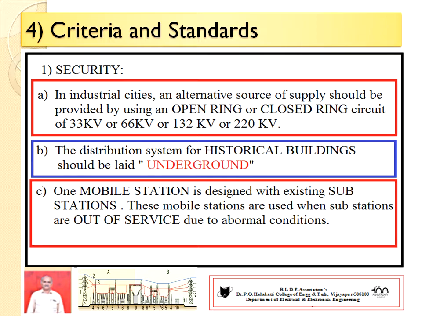Point number 2: for historical buildings, the distribution system should be of underground type instead of an overhead system.